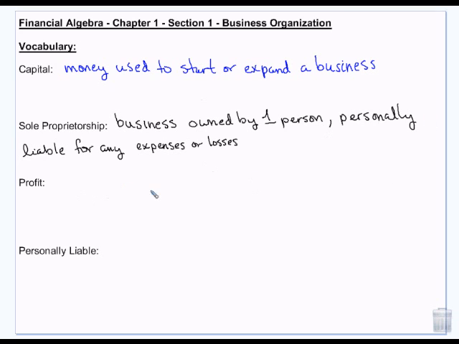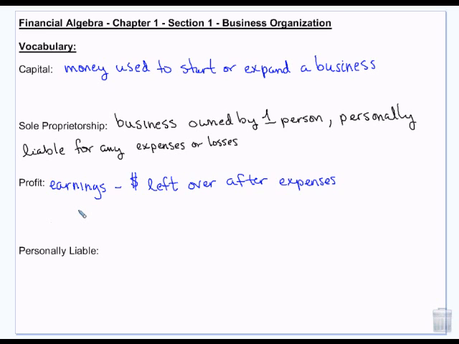Profit, those are earnings. It's the money left over after expenses. Now, if you're a sole proprietor, all the profits are yours, right?